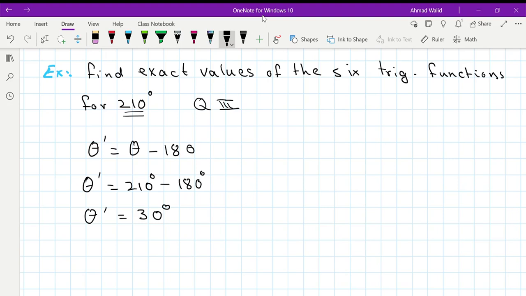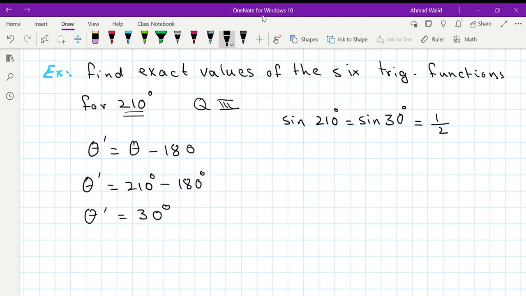I can write this way now. Sine of 210 degrees equals the sine of its reference angle, 30 degrees, and sine of 30 degrees is 1/2. Why 1/2?